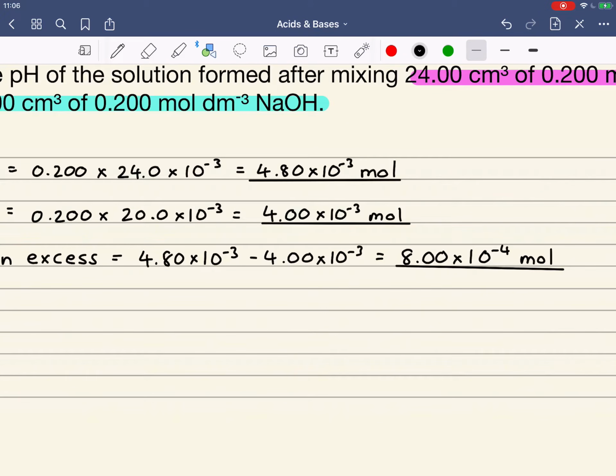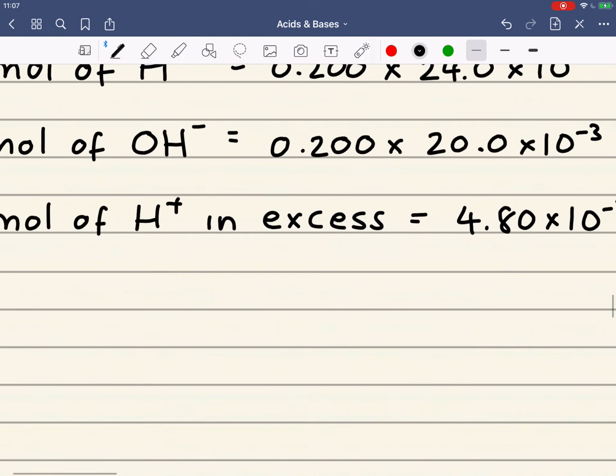I cannot now simply do minus log to the base 10 of this, which is a very common thing that I see when teaching students. The step now is the one that most people forget, so I'm making a big point now. Don't forget to do this. You then have to convert this into the concentration of hydrogen ions.